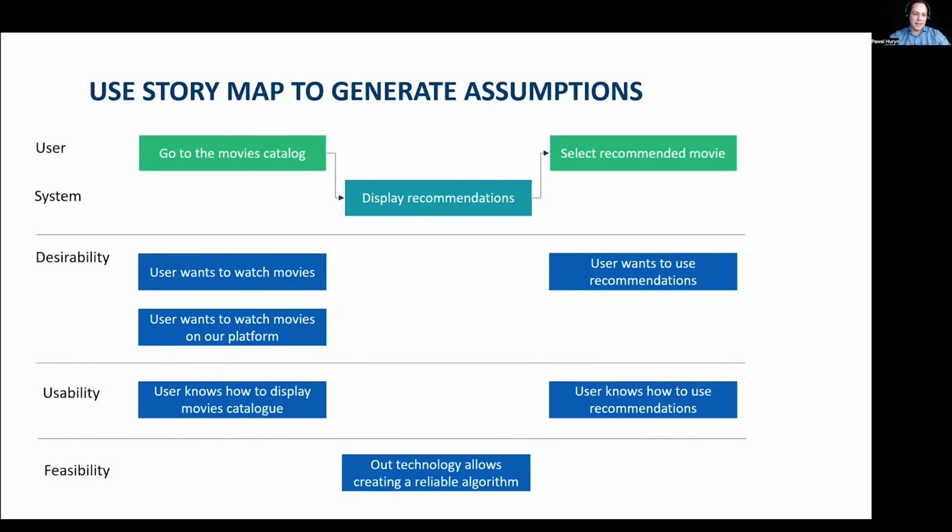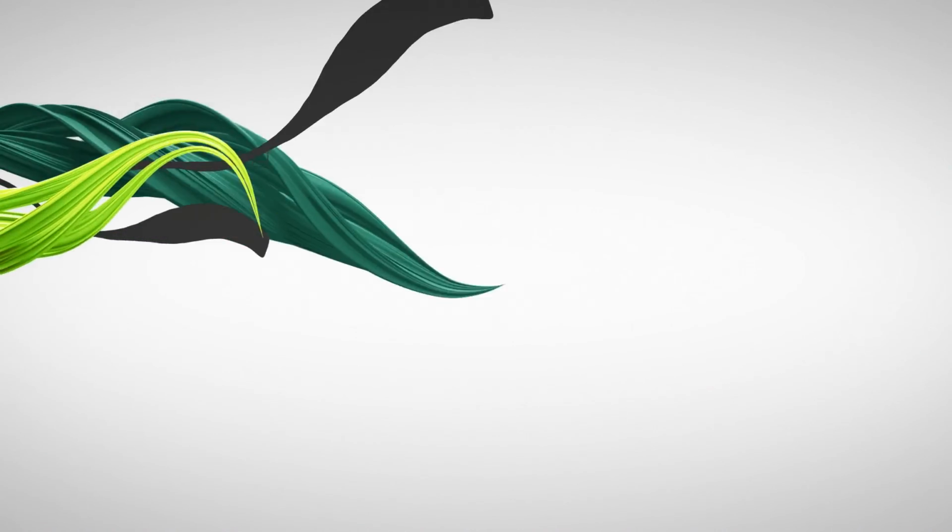But this assumption may also be important for other ideas that we have on our opportunity solution tree. And some assumptions may be specific only to this idea of displaying recommendations. For example, our technology allows creating a reliable recommendation algorithm. This is specific probably only to this single idea.